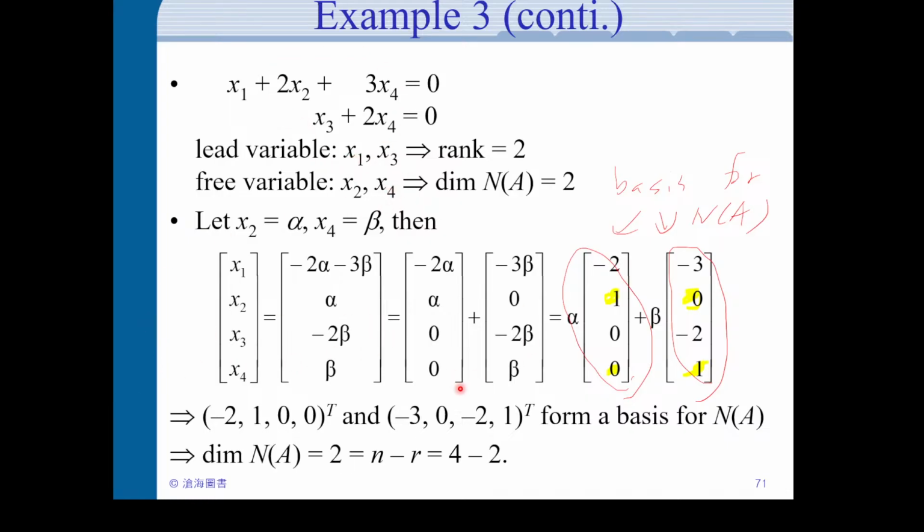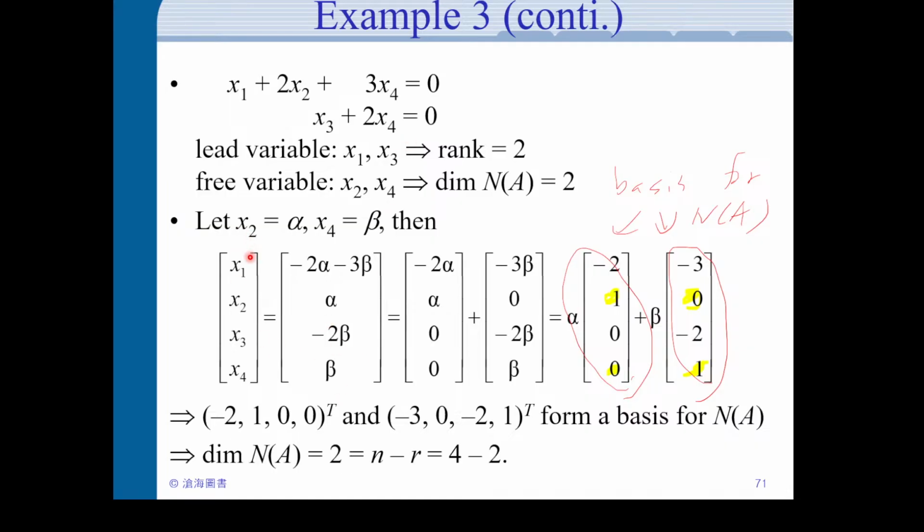So you can pick x2 equal to alpha and x4 equal to beta, and then everything in your null space can be expressed in terms of alpha and beta. You can solve x1 and x3 in terms of alpha and beta. From this equation you have x3 equal to minus 2 beta, and from here you have x1 equal to minus 2 alpha minus 3 beta.